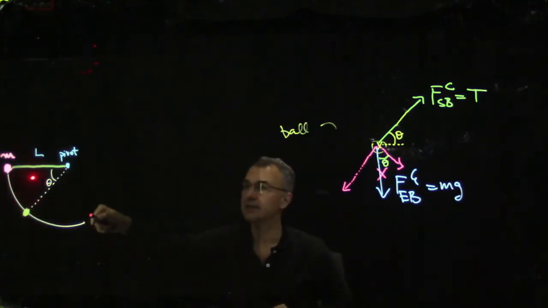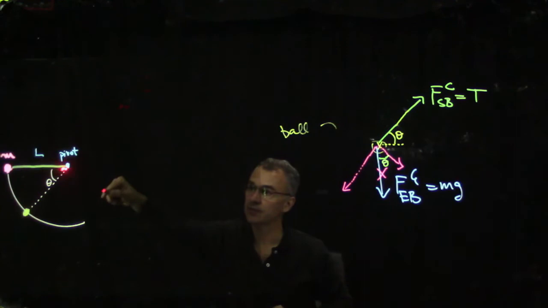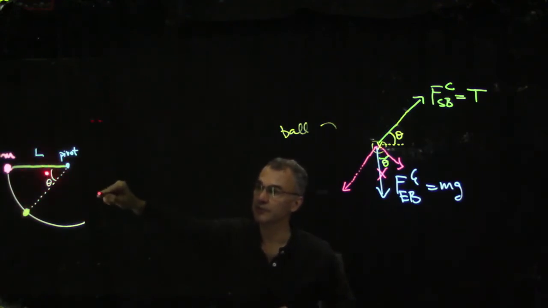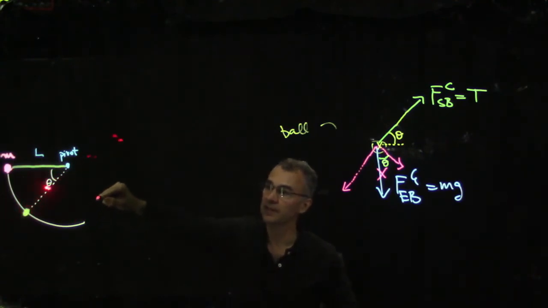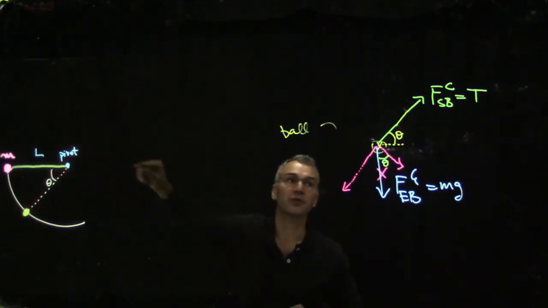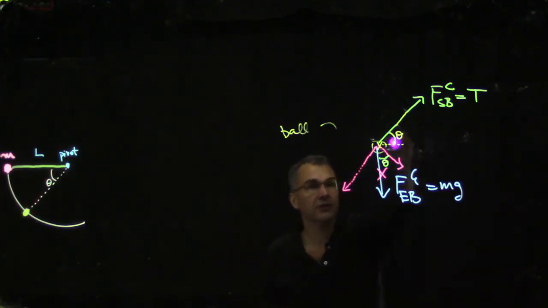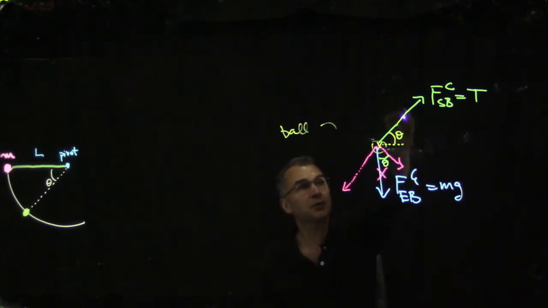Notice that the string is an angle theta down from the horizontal. And if we're going to say what's the direction that the string acts on the ball, then that will be an angle theta above the horizontal. So here is horizontal, and here is an angle theta above the horizontal.